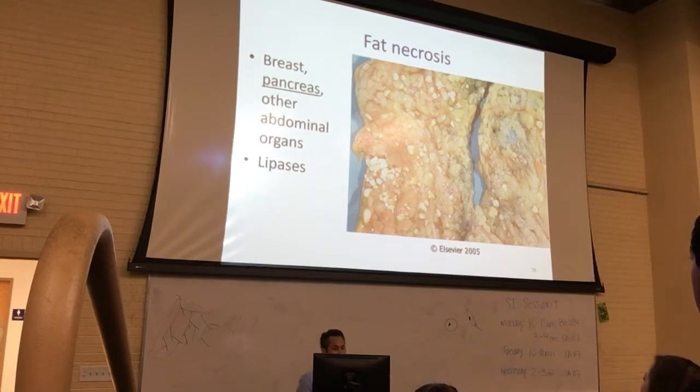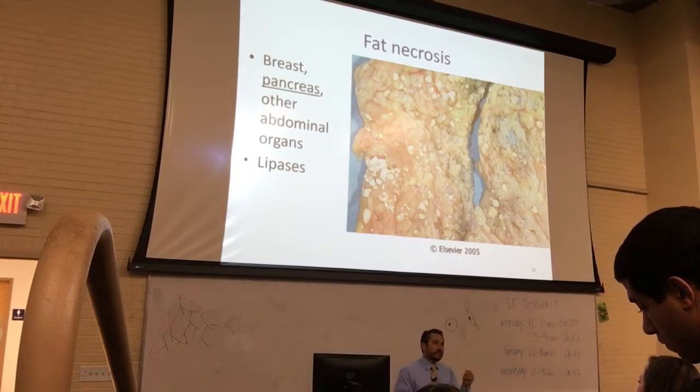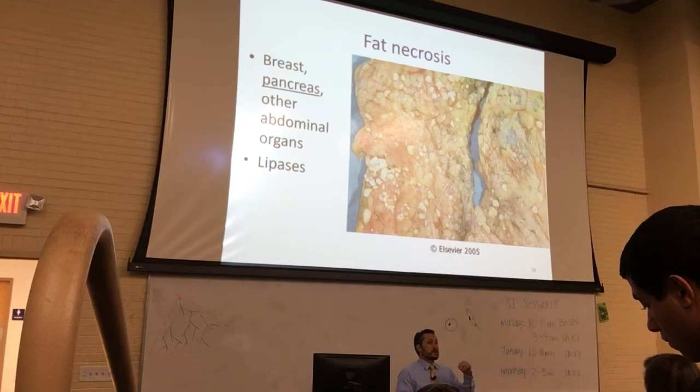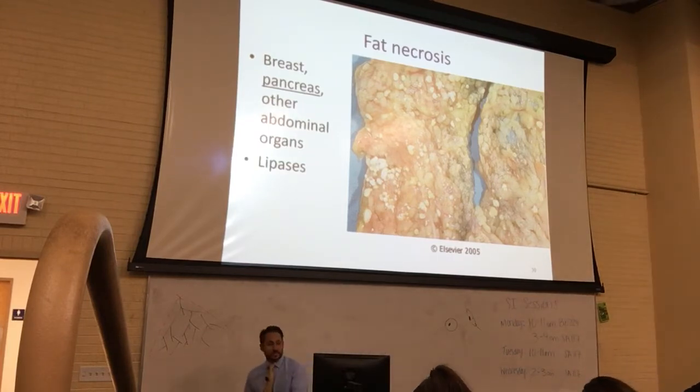So these little nodules are saponified fat. And like ivory bar soap is hard, that's what they feel like. And fat tissue is very soft. Okay, so saponified fat is found in these fatty tissues.